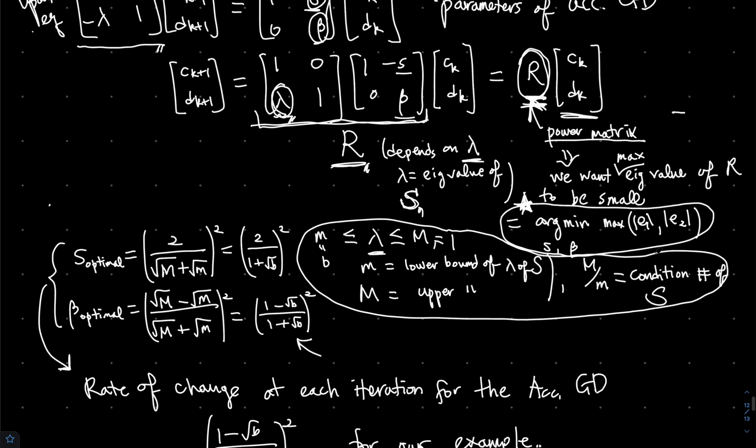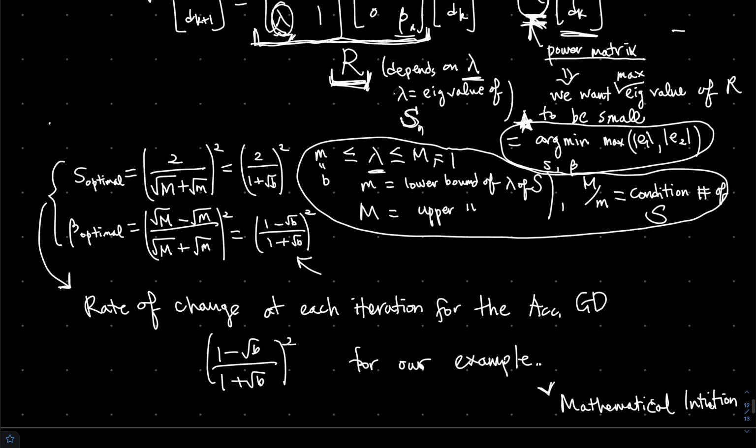So if we look again here, for the gradient descent, there was only one equation, but now there's a system of equations, and there's this matrix R that arises, and there are actually two parameters, and if we set these two parameters well, then the rate of change can be decreased like this. All right, so that is our discussion on gradient descent and gradient descent with momentum.